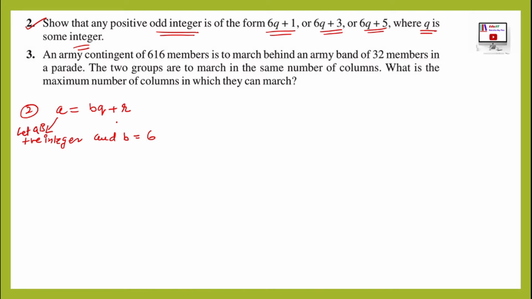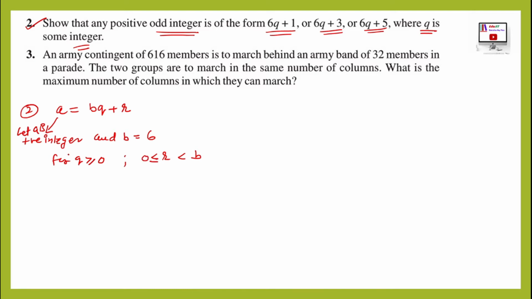We know that for q greater than or equal to 0, q is some positive integer. Now the value of r will lie such that r is less than b and greater than or equal to 0.